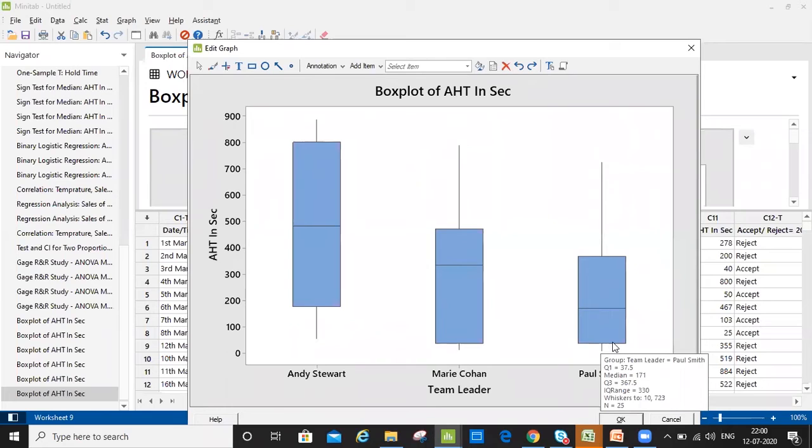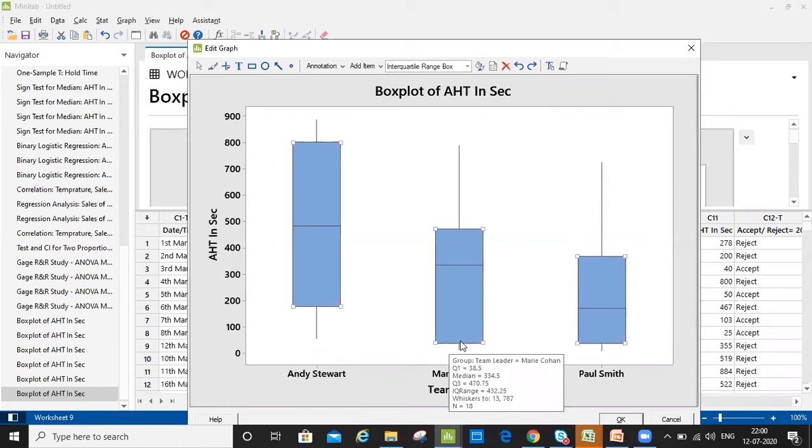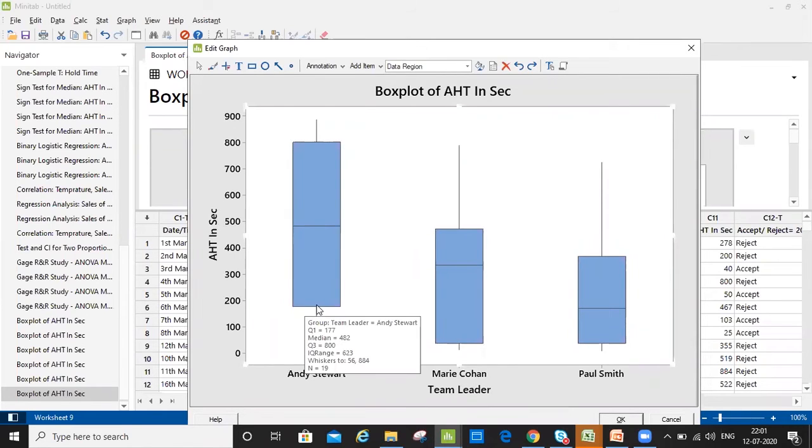Can we move to Mary and Andy as well, just to have the median? The IQR is 330 for Paul, 432 for Mary, and 623 for Andy. So my understanding here is that the median is low for Paul Smith, plus the IQR is the lowest.